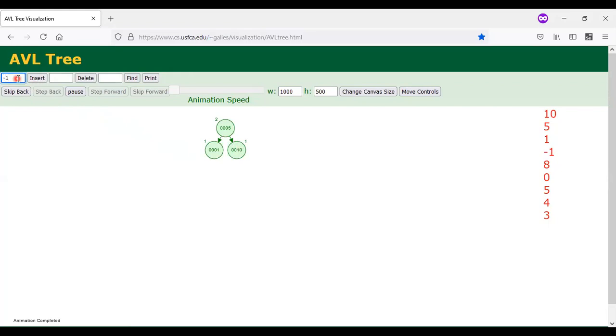Next, -1. It is less than 1, so it has to be inserted at the left side of 1. So here it has been inserted. Do we need a rotation or not?